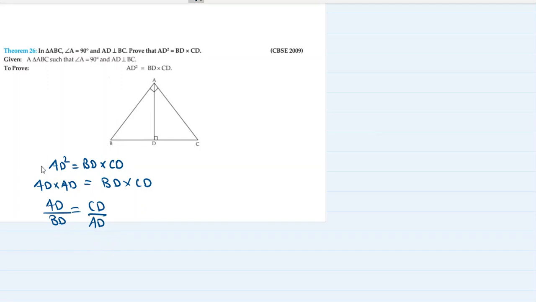Okay, so what I did, I simplified AD square is equal to BD into CD. That is the statement we needed to prove. I simplified it and then I converted into a ratio. Then I told you that from the numerator and the denominator of the ratio, write the letters which are appearing there.